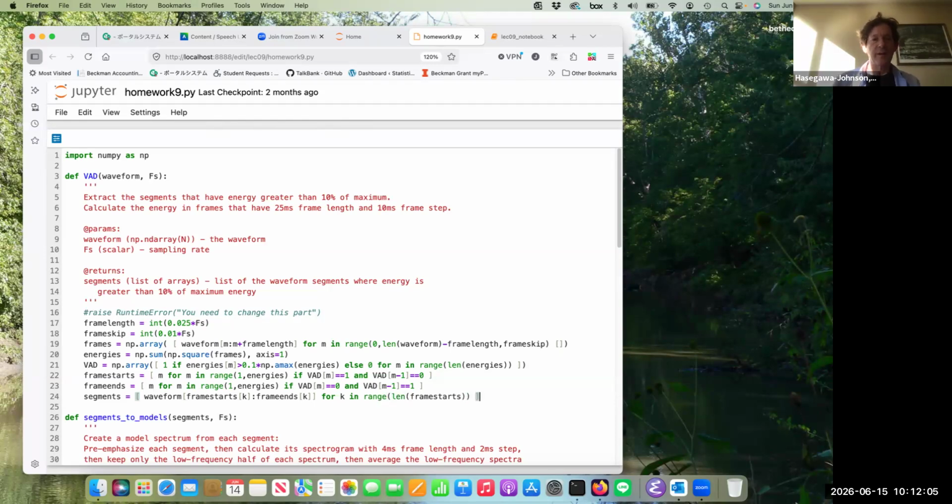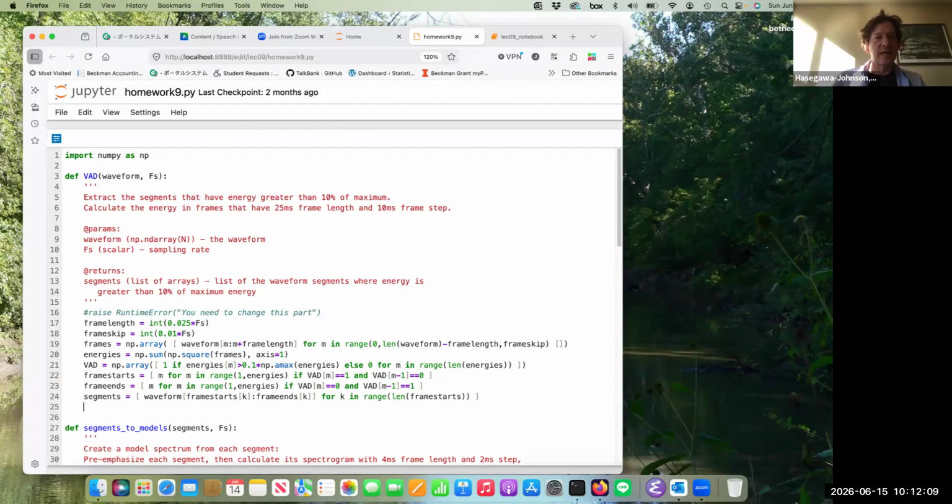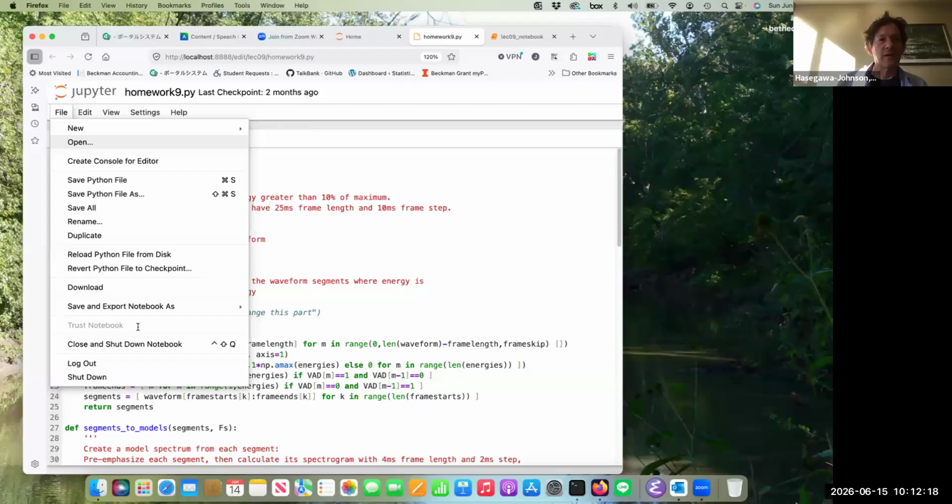So for each frame start, assuming that the frame end is also available, then we calculate that segment, and I want to return the segments. All right, there we go. That should calculate all of those segments.